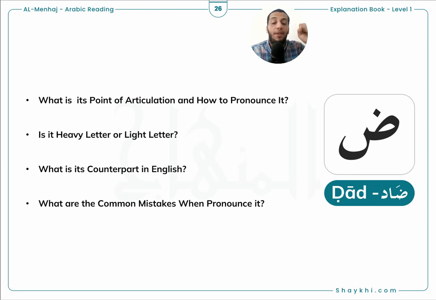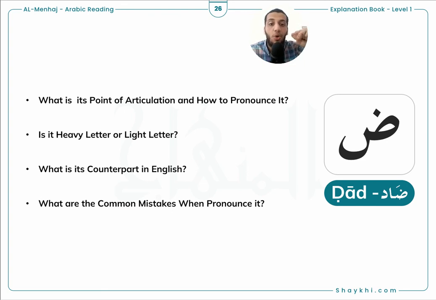have letter dad. The first ayah, Allah subhanahu wa ta'ala says, في قلوبهم مرض فزادهم الله مرضا.